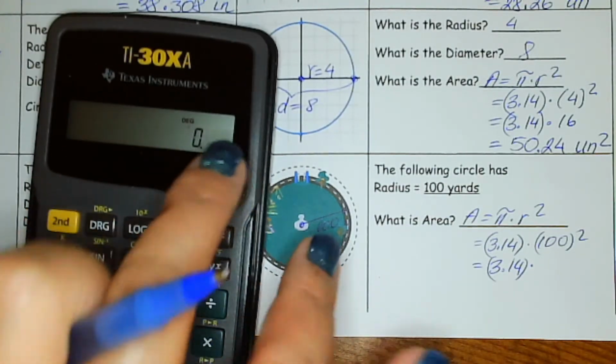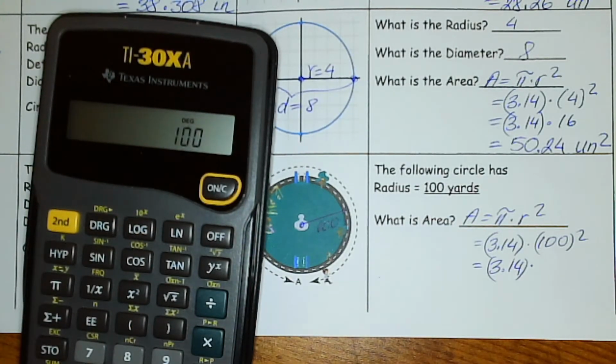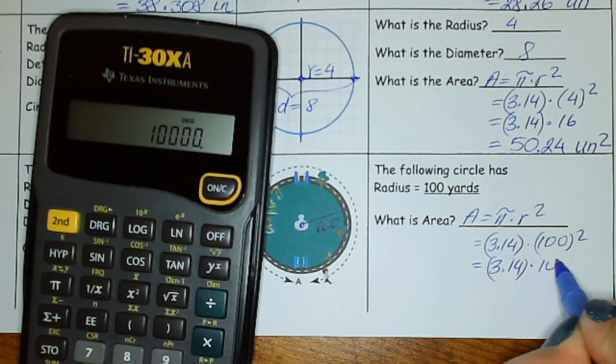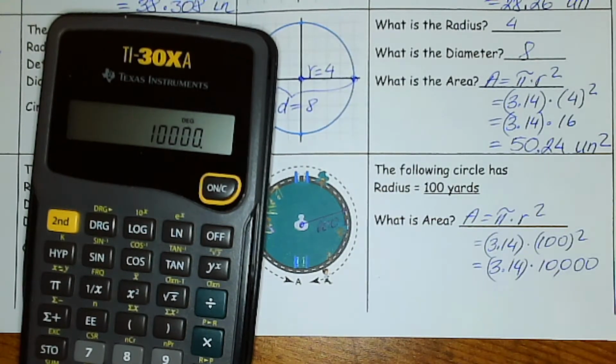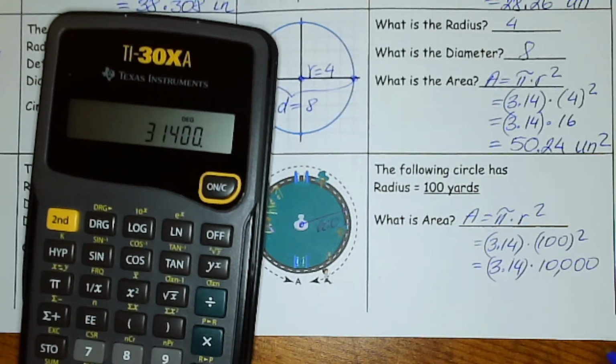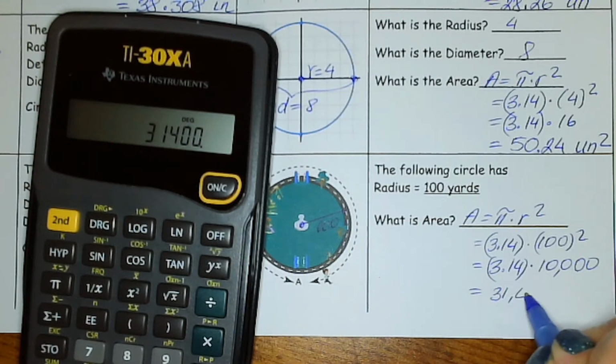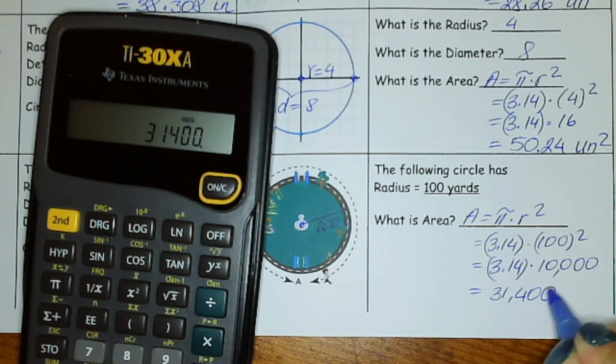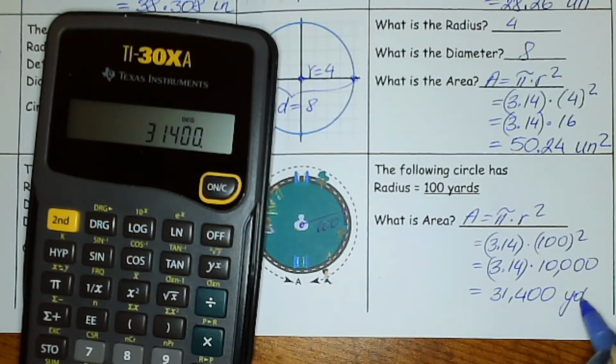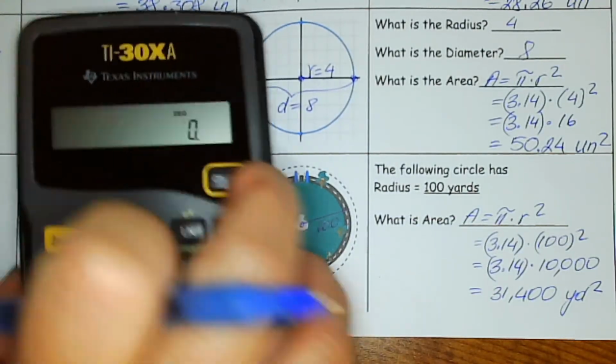So we have 10,000. 100 times 100 is 10,000. And multiply by 3.14. That will be 31,400 square yards.